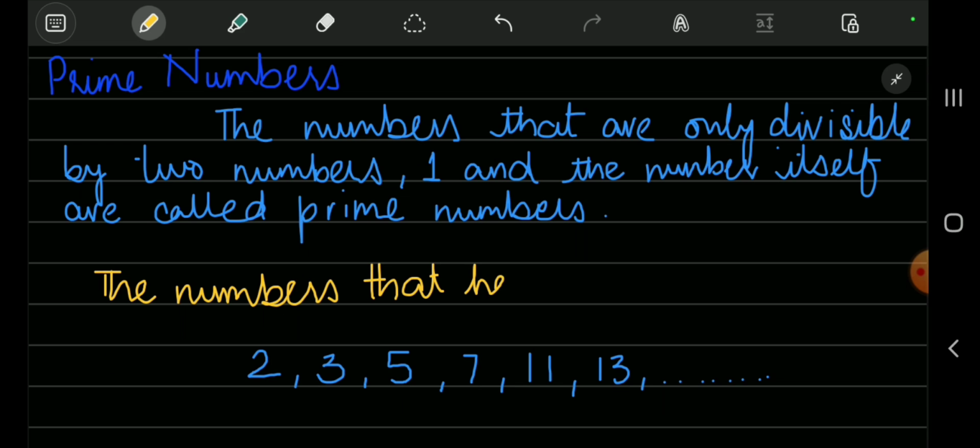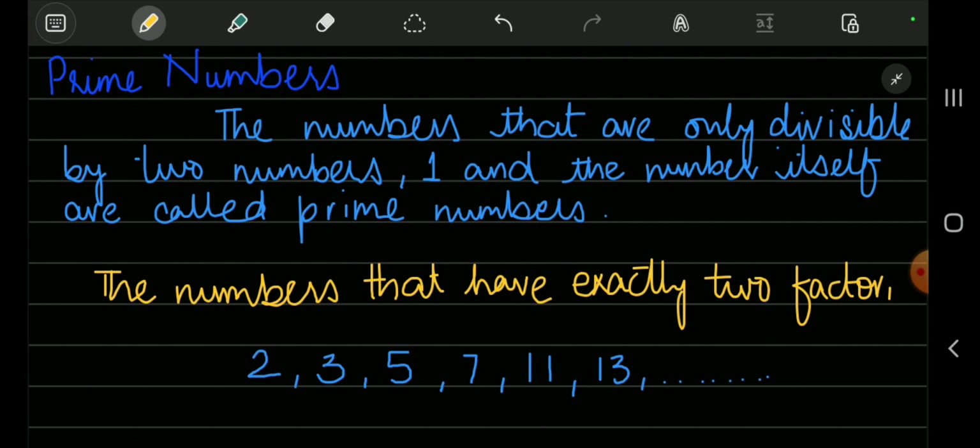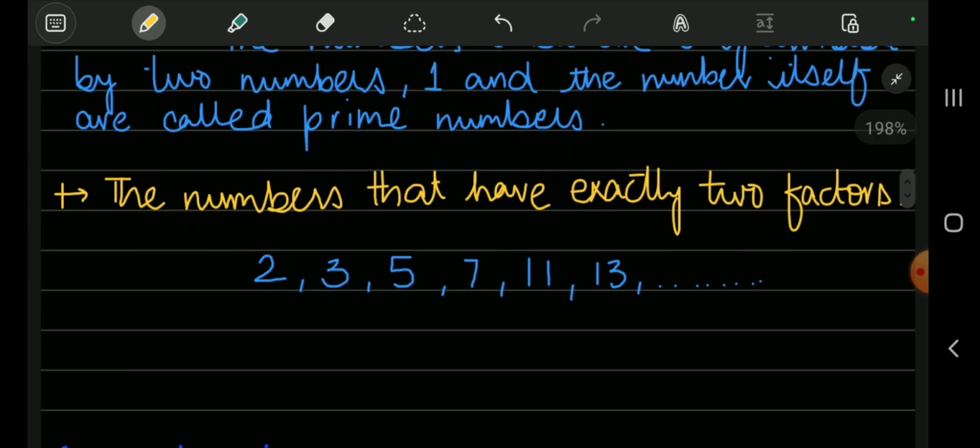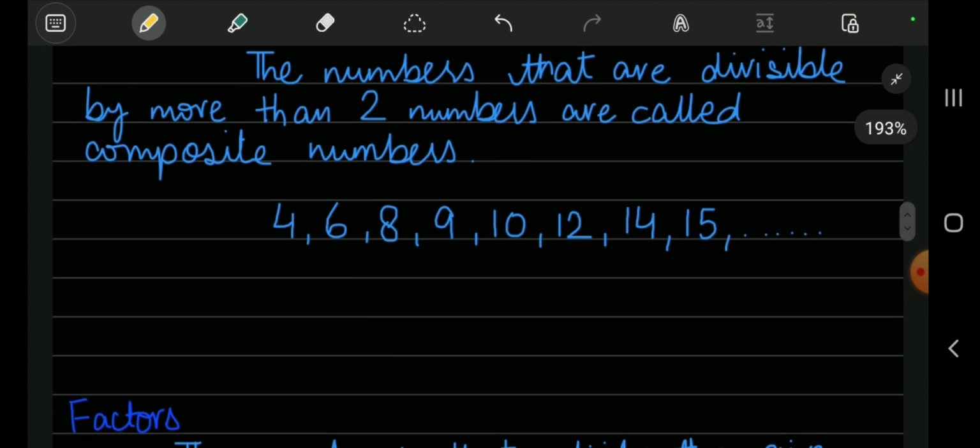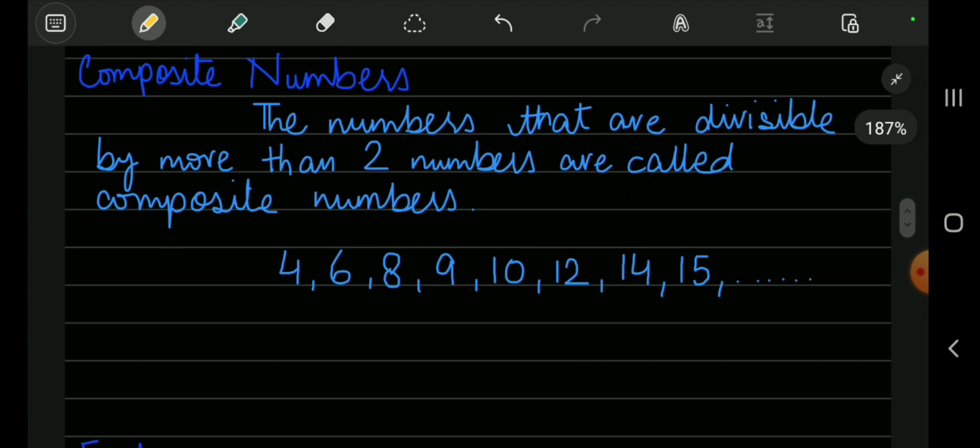Those are called prime numbers. This is the definition in terms of factors. And composite numbers are the numbers that have more than 2 factors.